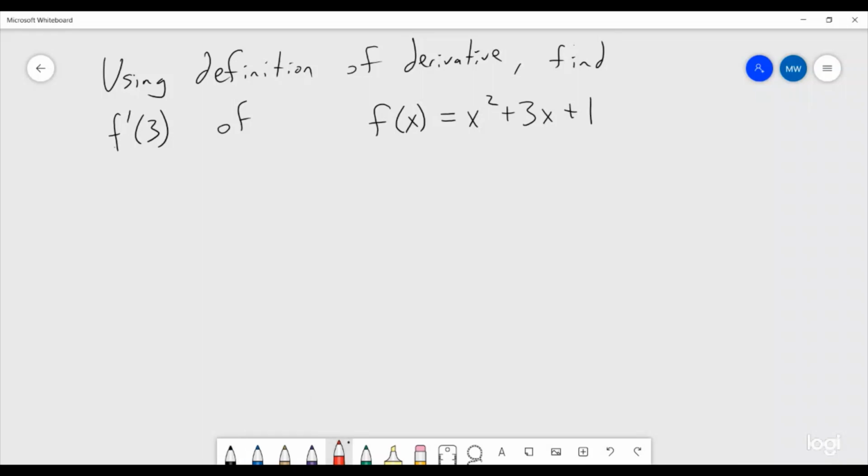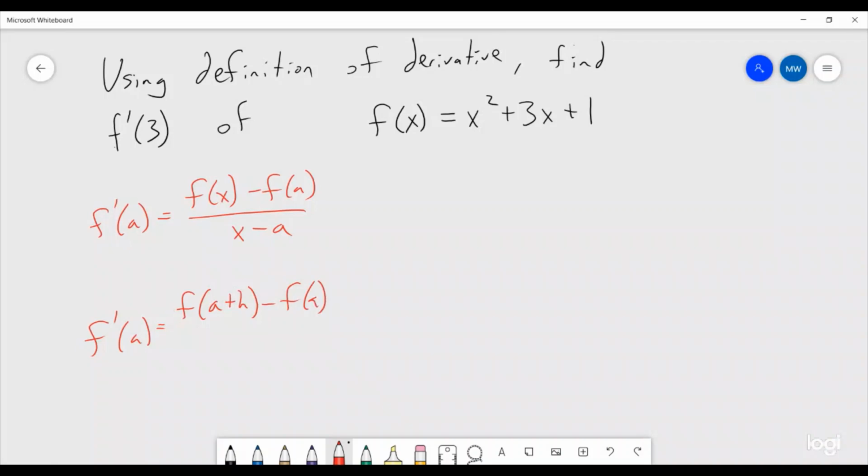Okay, so there are two different forms of the definition of the derivative. We have f prime at a is equal to f of x minus f of a divided by x minus a, or f prime at a is equal to f of a plus h minus f of a divided by h.